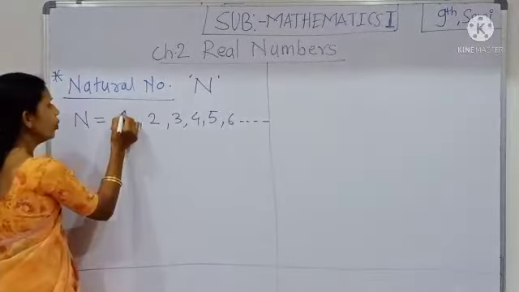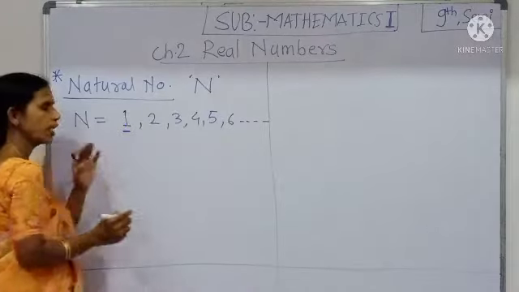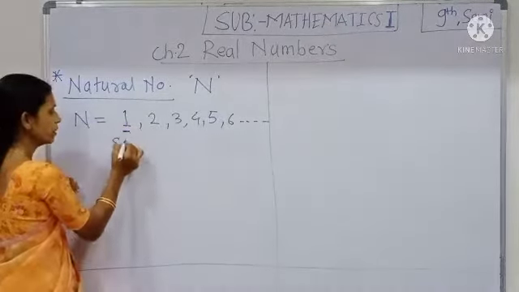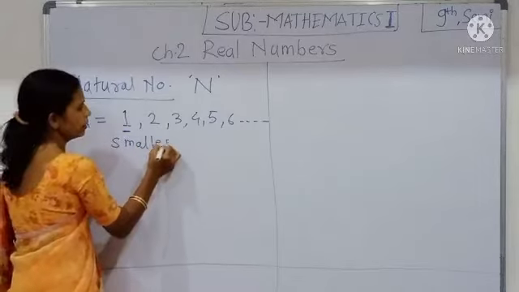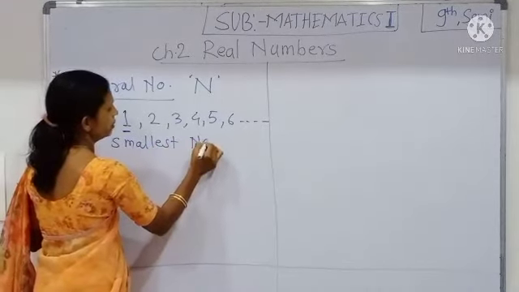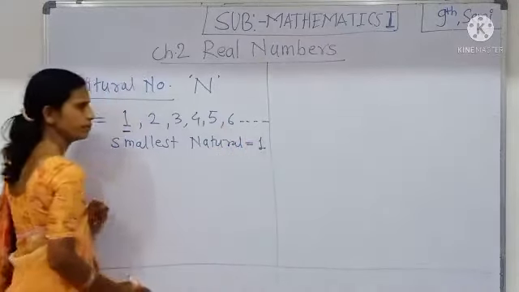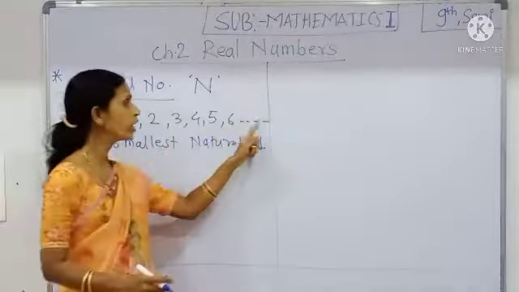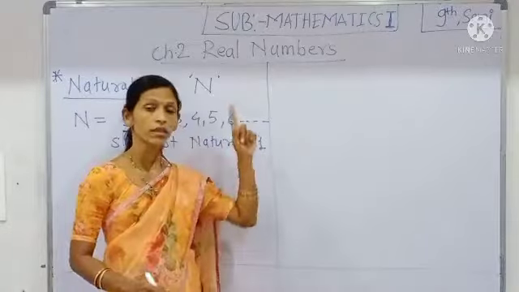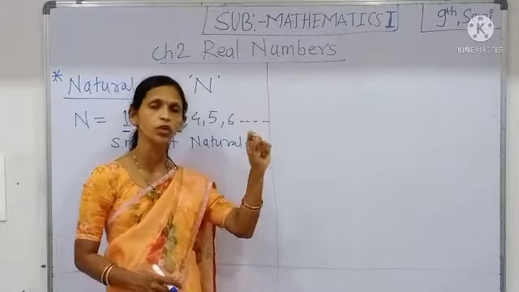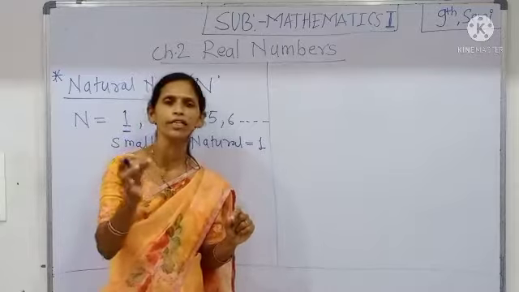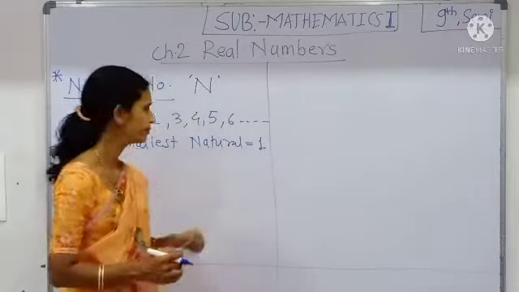The smallest natural number is 1, and we can't determine the biggest natural number because there are infinite natural numbers.